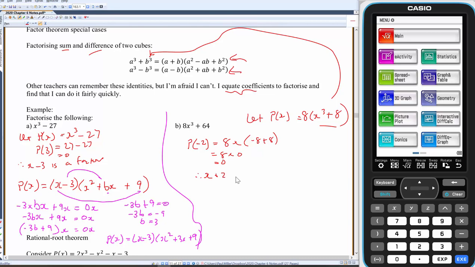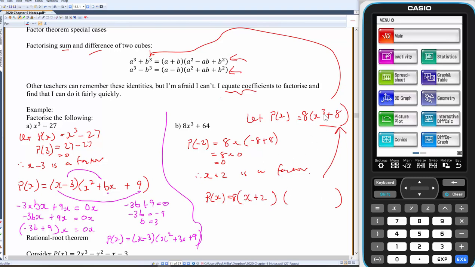Therefore, x plus 2 is a factor. All right, so now let's set it up using the equating coefficients method. So p of x equals, and I'm going to do this bracket here, which is x plus 2. We've got 8 out here, and we want to do something to make this thing inside the brackets here.